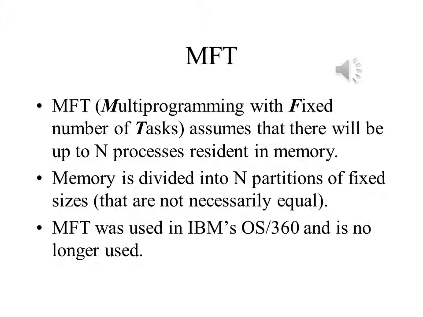These partitions do not have to be equal in size. In fact, that may not be the best way of partitioning user memory. MFT was used in IBM's OS/360. It was useful to some extent in batch systems, but is no longer used.